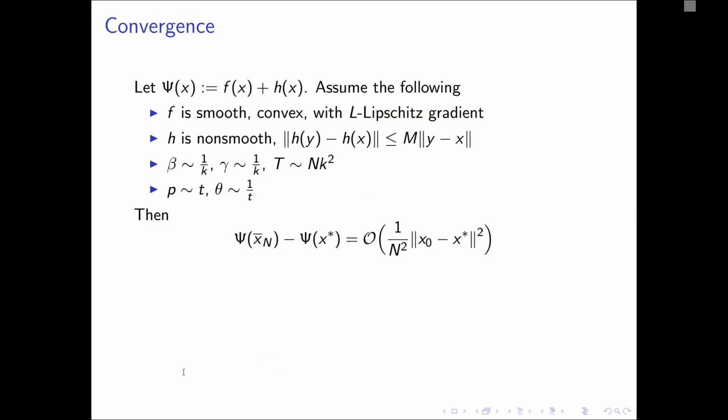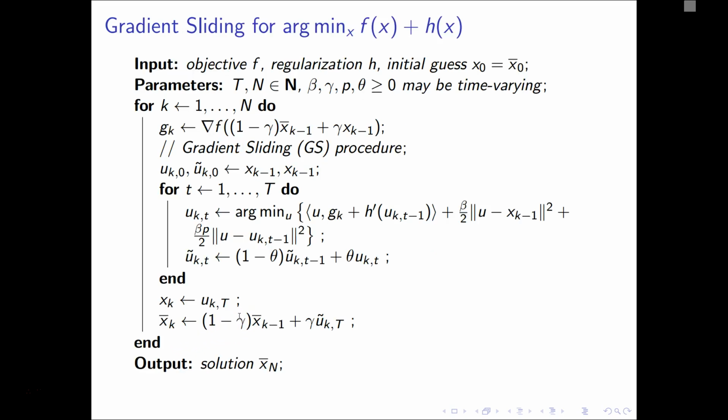The theoretical result is quite similar. Suppose f is smooth and convex with Lipschitz continuous gradient, and h is non-smooth but Lipschitz continuous. We set beta and gamma to be diminishing. Notice that beta is the proximal coefficient here, and gamma is the acceleration coefficient here, as well as here.